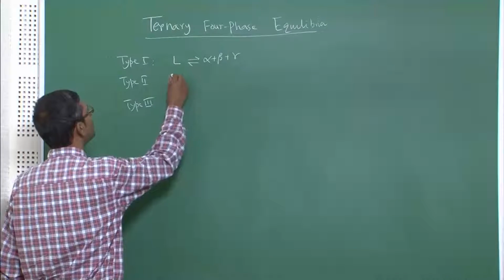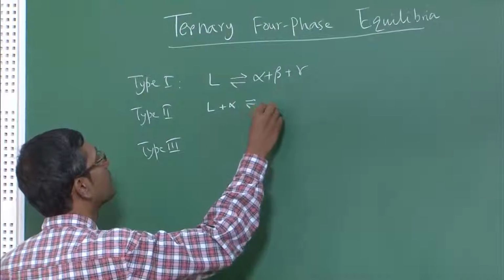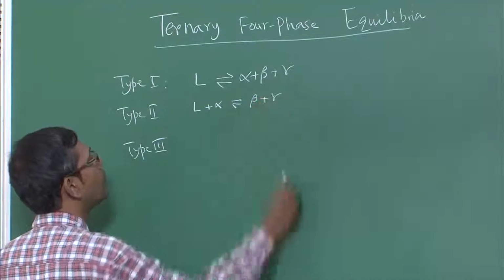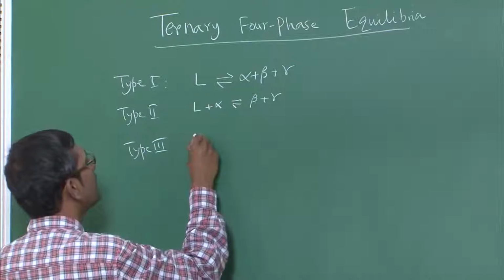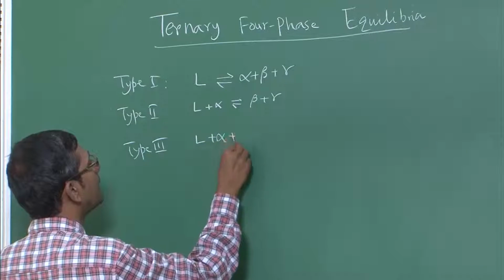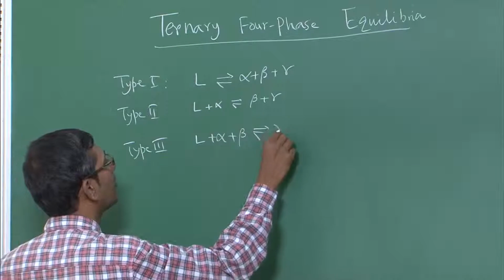Type 2 is quasi-peritectic, where liquid reacts with alpha forming 2 phases, beta and gamma, and type 3 is ternary peritectic, where alpha, beta and liquid react and form gamma.